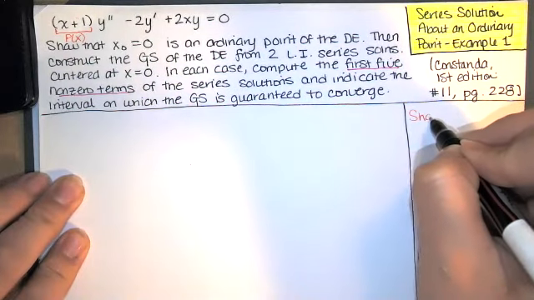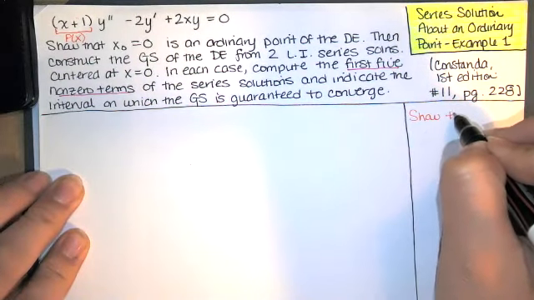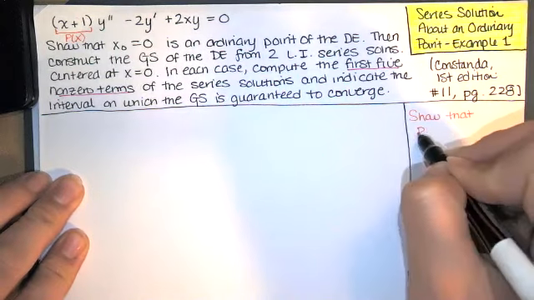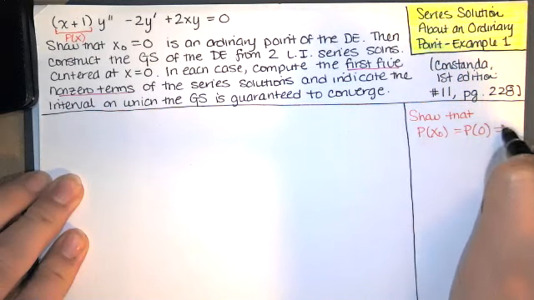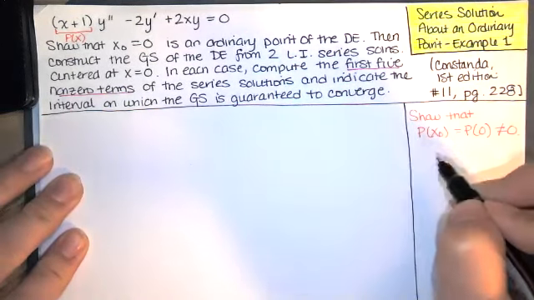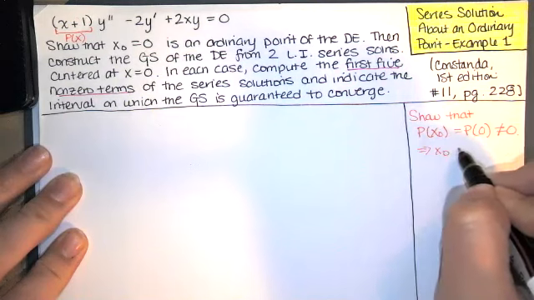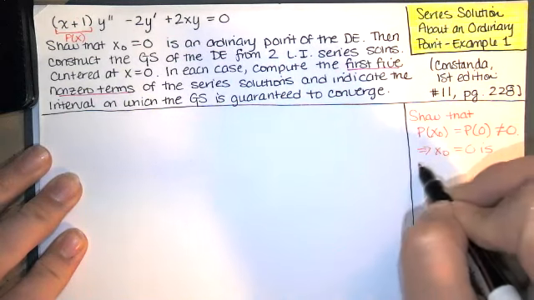So let's state that. We're going to show that p of x naught, which in this case is p of 0, is not equal to 0. That implies that x naught equals 0 is an ordinary point.